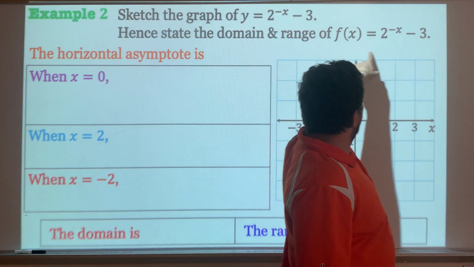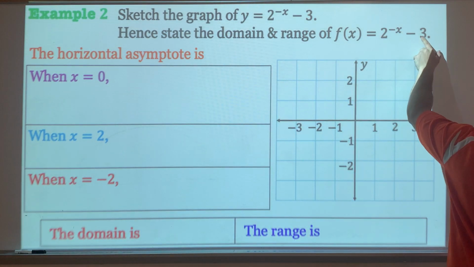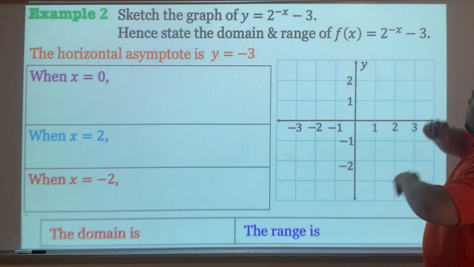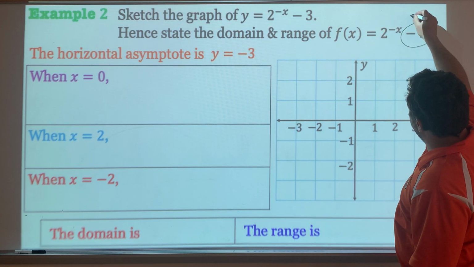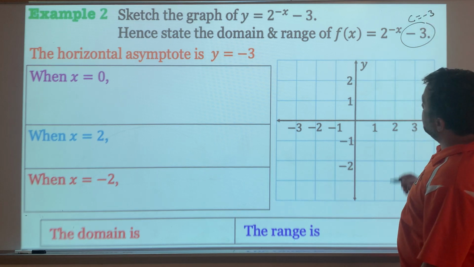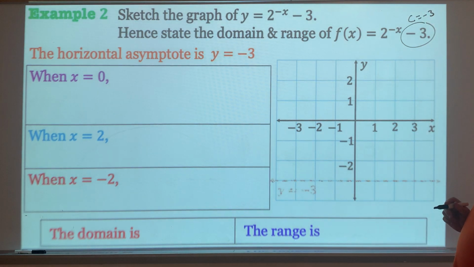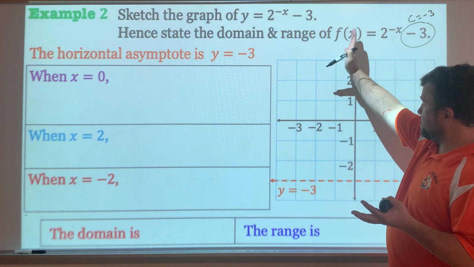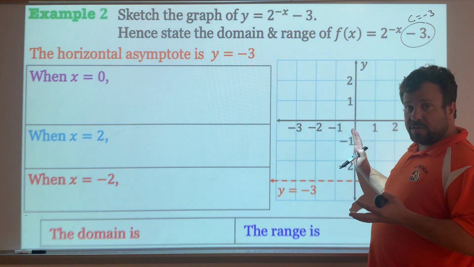So, what's the horizontal asymptote here? -3. Why? The horizontal asymptote is always c, and c equals -3. So at y equals -3, we have a horizontal asymptote. Put it right on the graph. Easy enough. Now we're going to find a couple points. x equals 0 is our y-intercept.